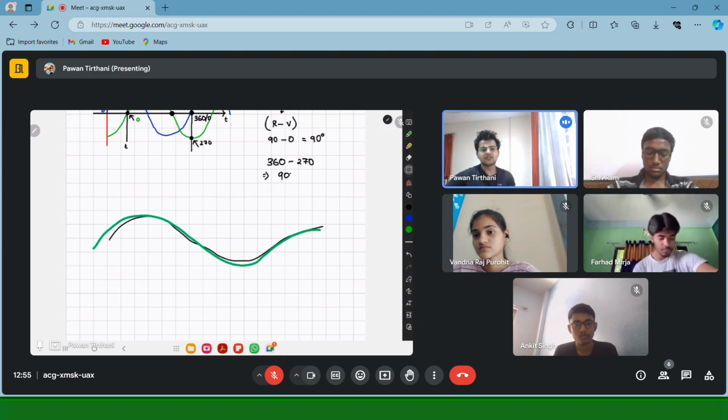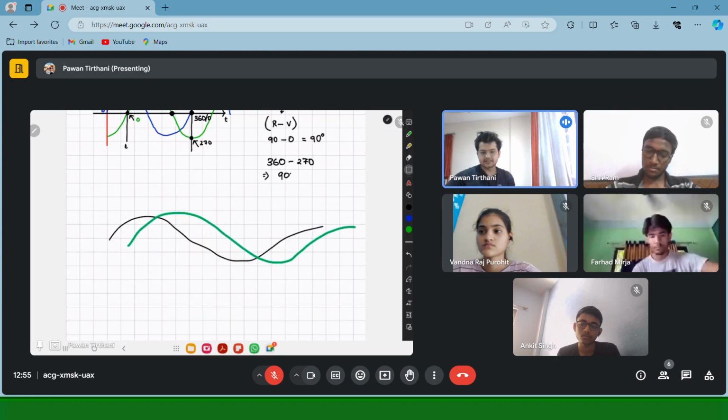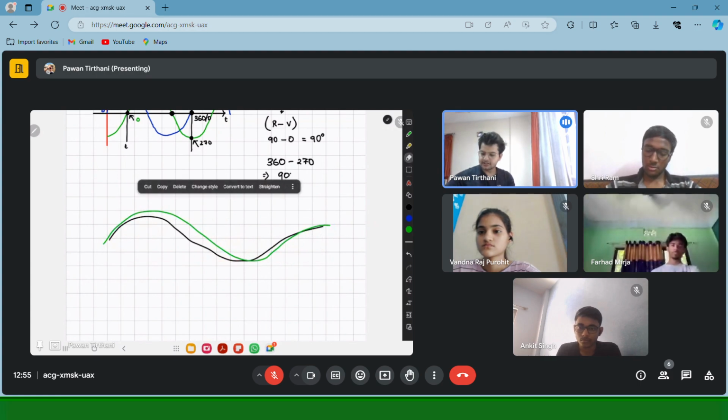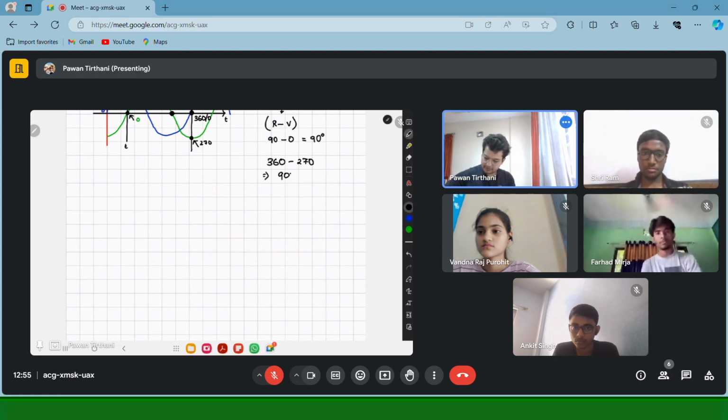Okay, there is another way to think about phase difference. And that thinking says, for example, like this is 90 degrees of phase difference. So how did this become 90 degrees of phase difference?